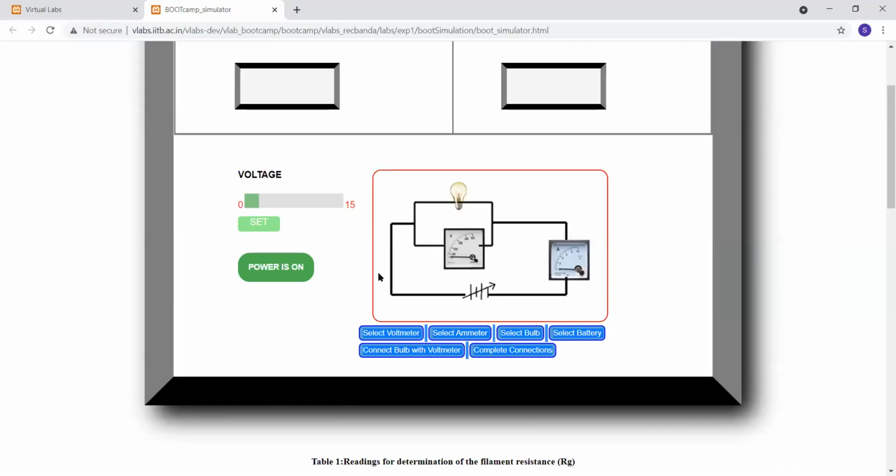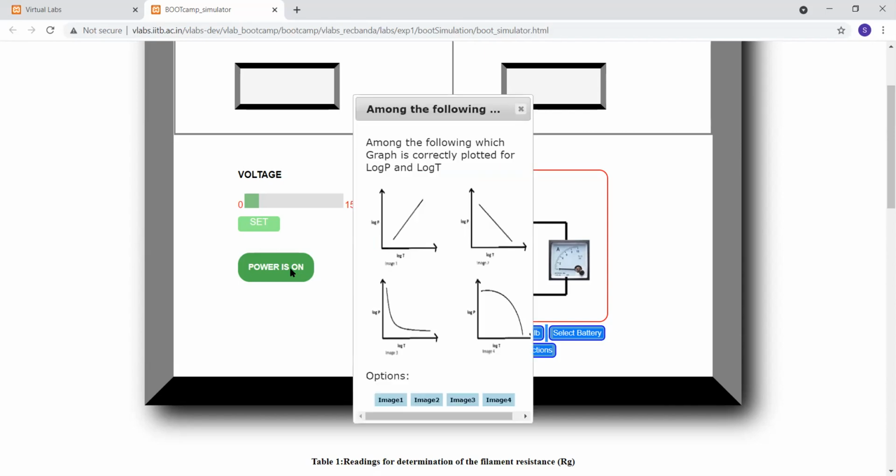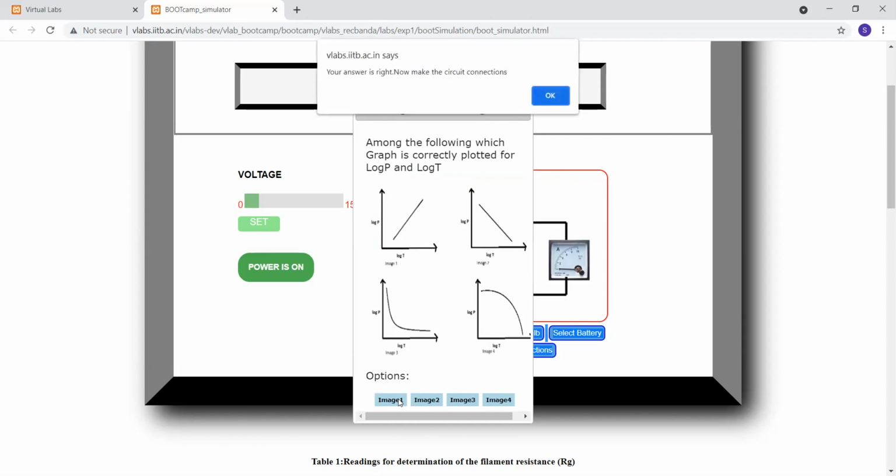Like this, the circuit is completed. This is the ammeter, this is the voltmeter, this is the bulb, and there is the battery. We can connect like this. Now we switch on the power. Power is on. Again, to switch on the power, we have to attend one question.